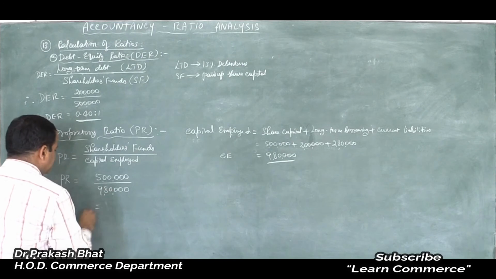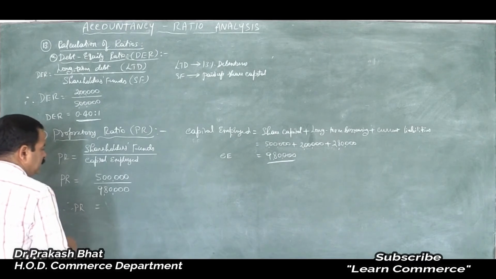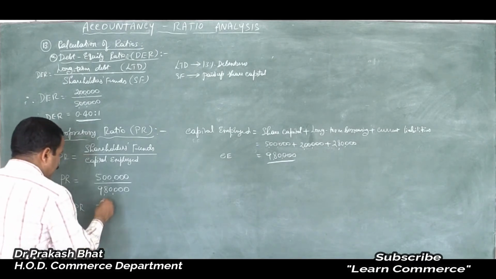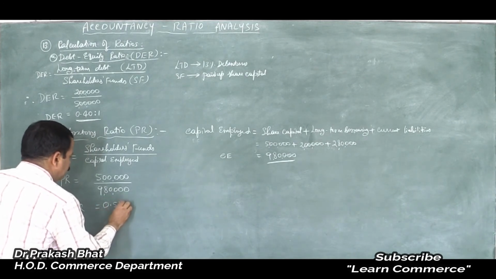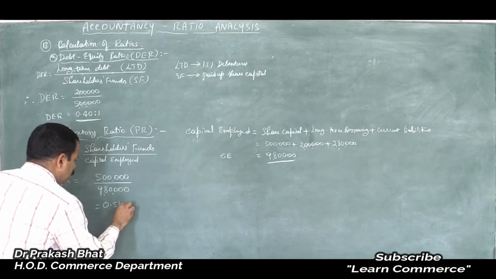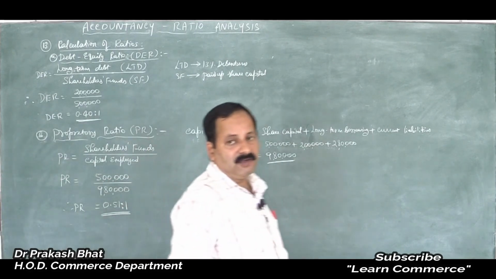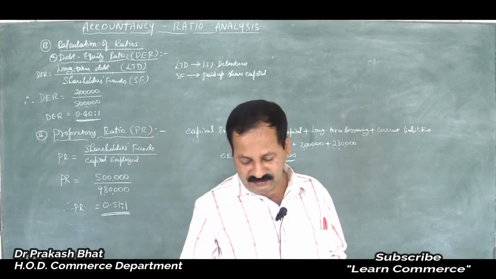Therefore, proprietary ratio is equal to how much? 0.51 is to 1. This is how you have to solve. Clear? Is that clear? Yes.